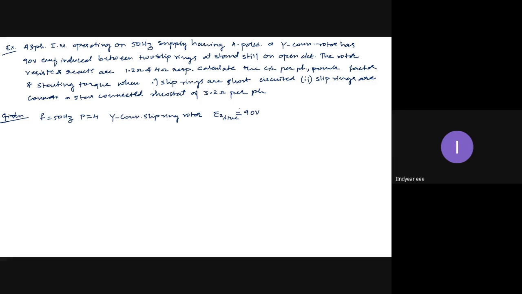Okay, we will draw a simple diagram and I will tell you how this is. On open circuit. Why is this on open circuit? Because once the rotor is short circuited, the voltage becomes zero and current becomes maximum. So if I want to know the rotor induced EMF, I should keep the slip rings in open circuit condition only. So first I have to test the slip ring in open circuit condition to know the EMF induced at standstill.